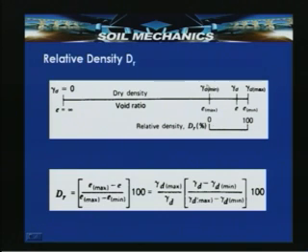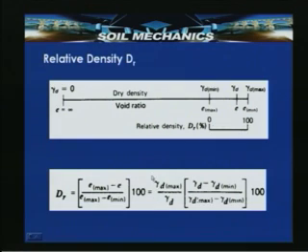So, the range which is indicated between e max and e minimum is relative density, which has a range from 0 to 100, generally indicated in percentage. Dr is equal to e max minus e by e max minus e minimum into 100. This can also be represented with this equation: gamma d max by gamma d into gamma d minus gamma d minimum, by gamma d max minus gamma d minimum.